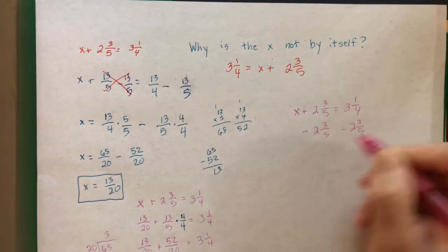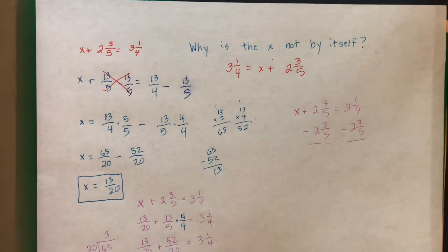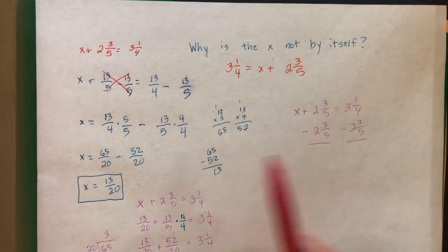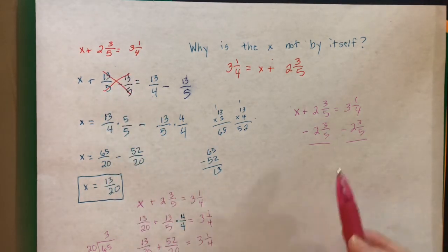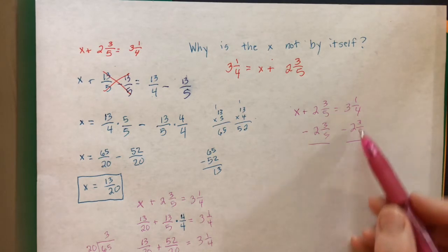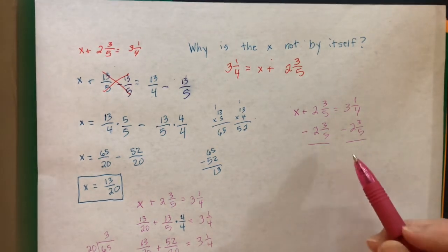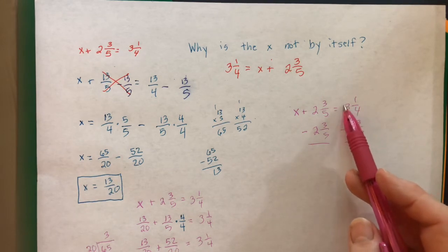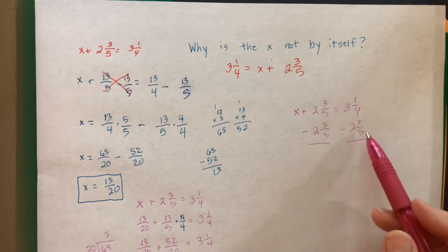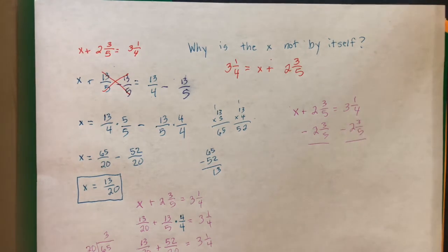You'll find as you get into bigger algebra problems with more steps, that especially for fractions, it usually works best to write it this way. Now, the other thing you might notice is that you would be able to do this one by subtracting the fraction parts and the whole number parts separately.